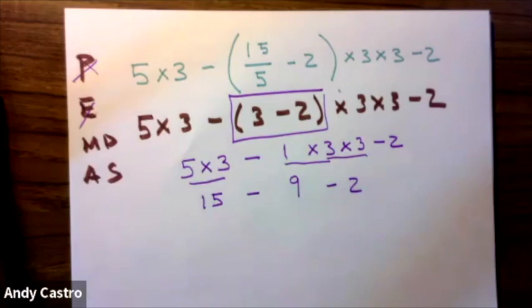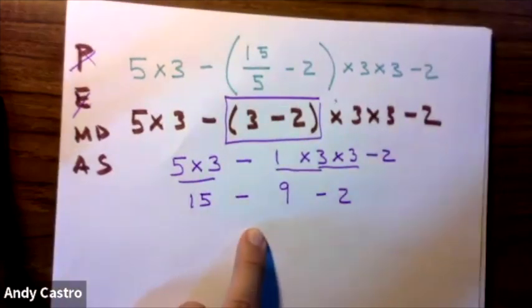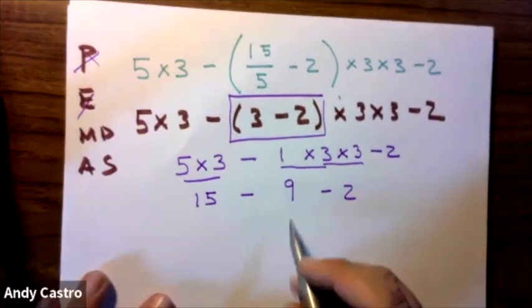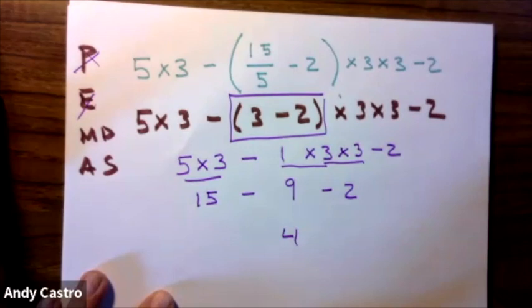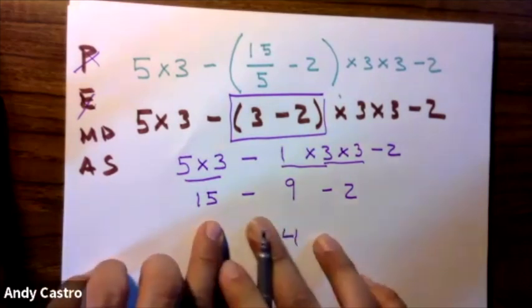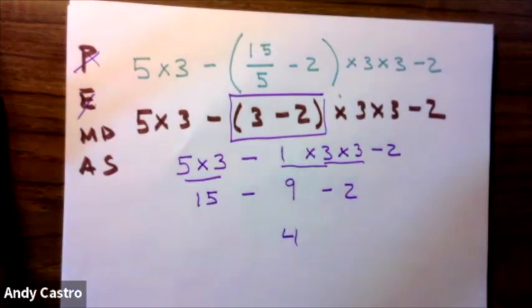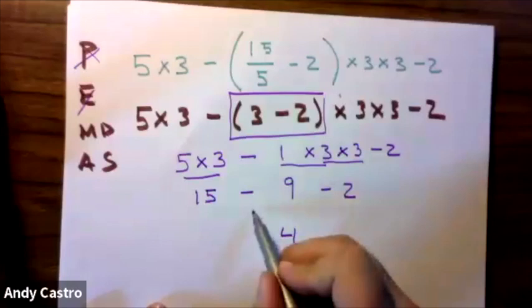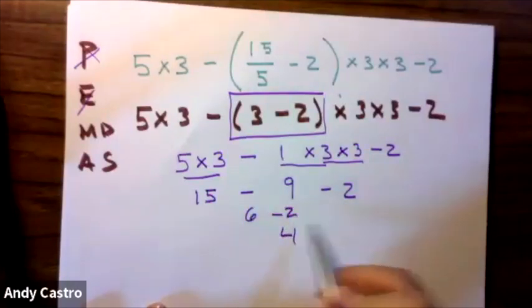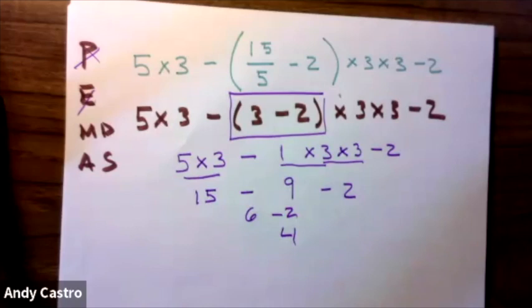So now we just pretty much have subtraction left. 15 minus 9 minus 2. That's going to be 4. You can do it one at a time. You can say 15 minus 9 is 6, minus 2, and then do your 4. But I think you guys get the idea.